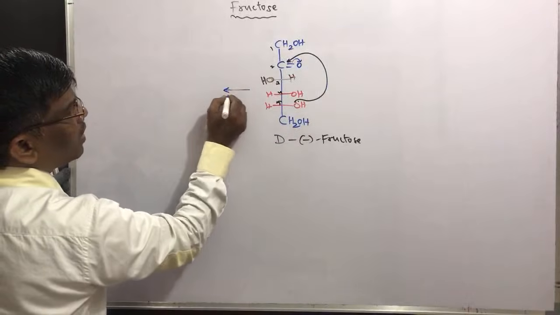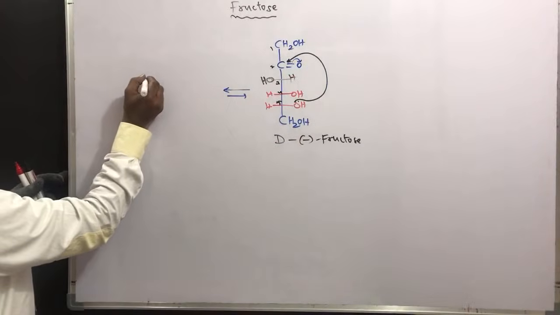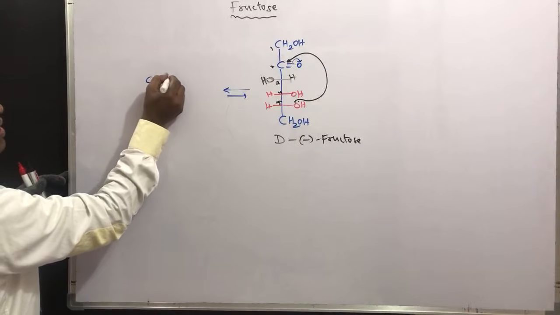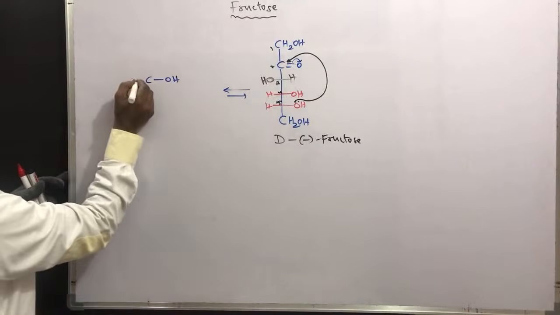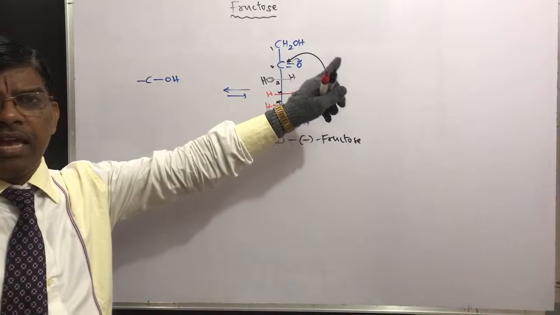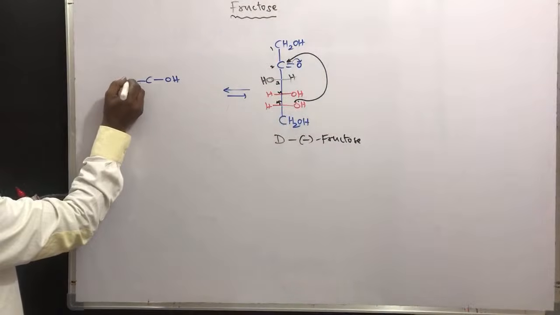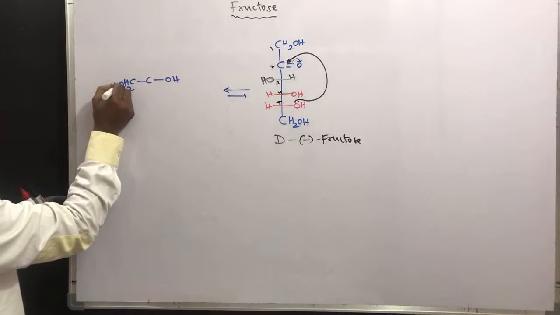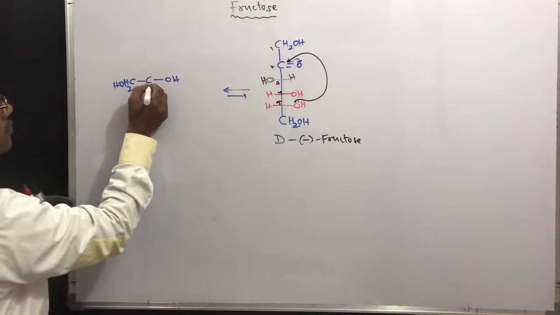So how is it going to exist? If I write this OH towards the right side, and when this hydroxy group is towards the right side, it should be alpha. And this is CH2OH, that is carbon 1.